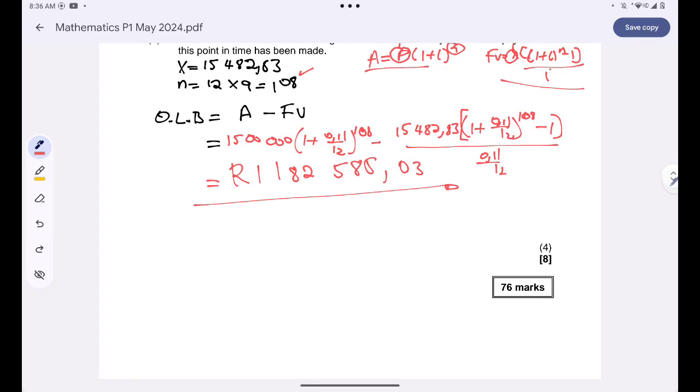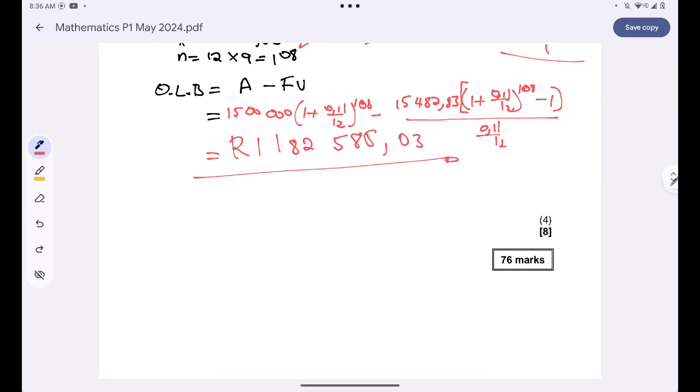A further question would be like, calculate the total interest paid for the first 9 years. Calculating interest, guys, is simple, isn't it? There are 4 steps in calculating interest.